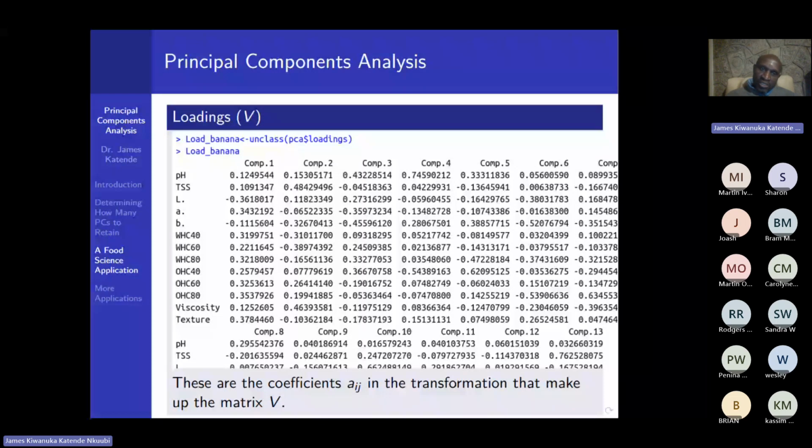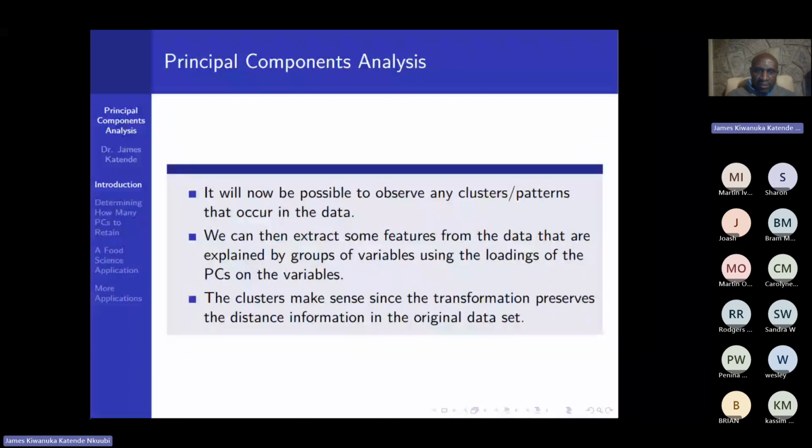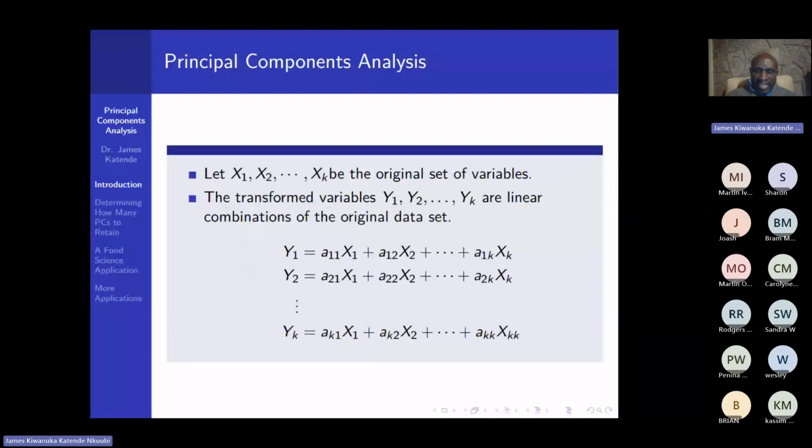So pay attention to this. Think of this as a variable Y1. The rest will be all the way up to Y13, but just focus on this one. What we're going to say applies to all the others. So all these coefficients, 13 of them, would appear if we go back to our slide. These would be the coefficients A11, A12, and K is 13, so it will be up to A1,13.